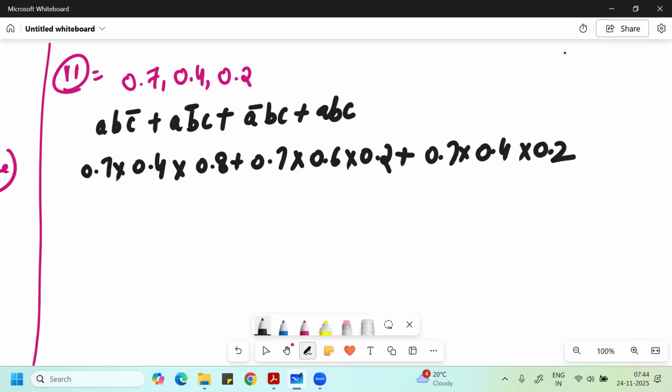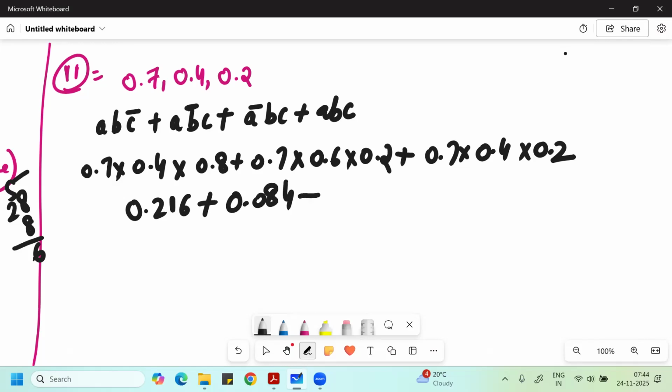So this is 7 4s are 28, 28 8s are 56, 5 carry. 16 plus 5, 21. So 216 plus 42 twos are 84. Then 28 twos are 56.